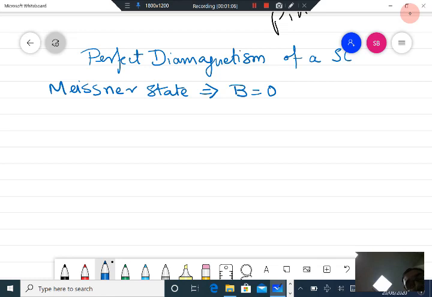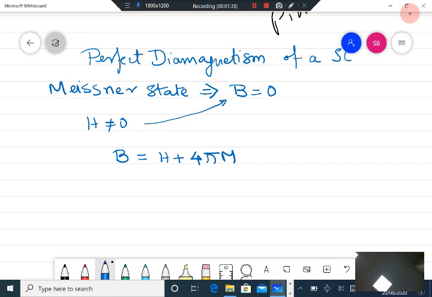You apply a magnetic field H not equal to 0, and the superconductor inside it will have B equal to 0. If you recall from your electromagnetism course, B is equal to H plus 4 pi M, where 4 pi M is the magnetization of the material.